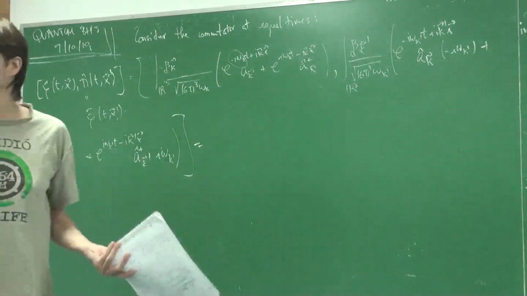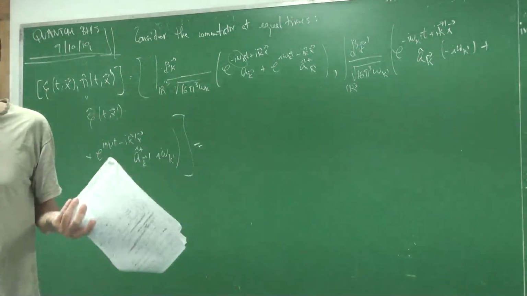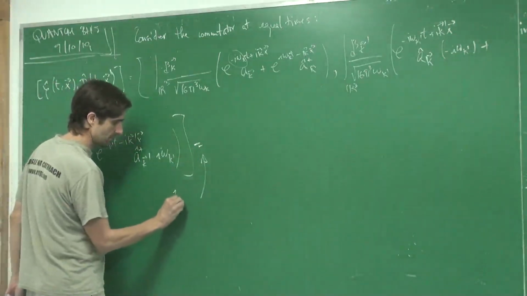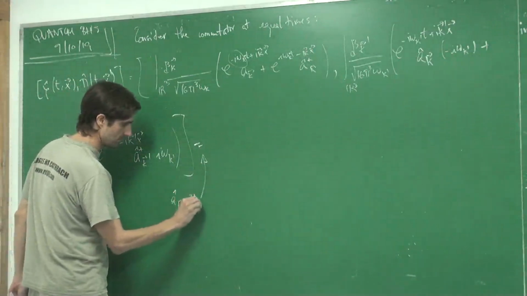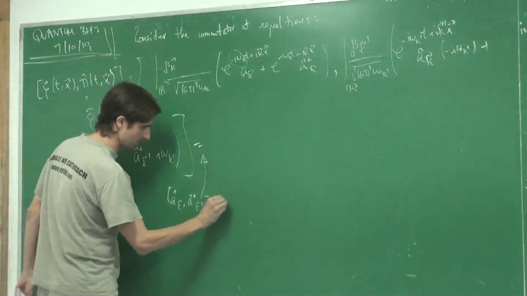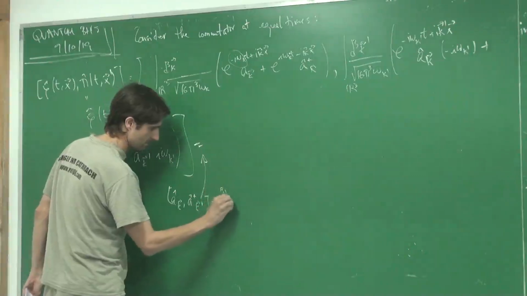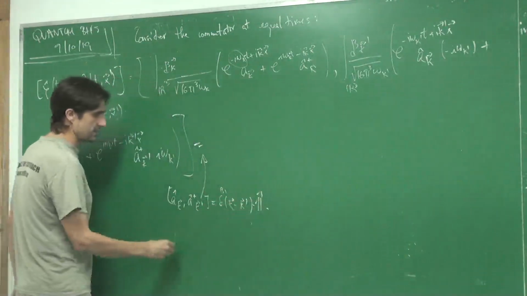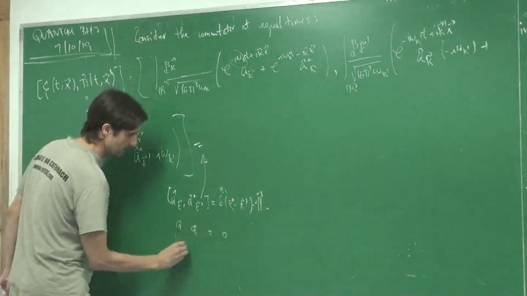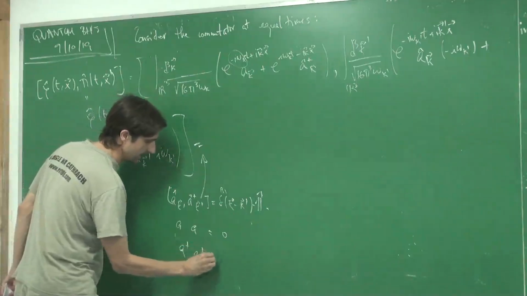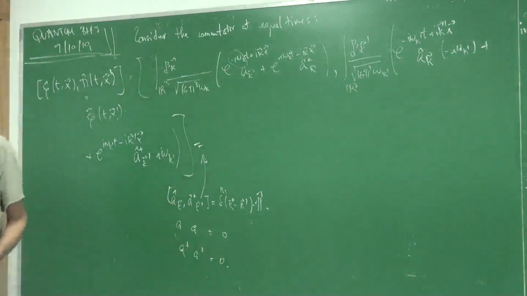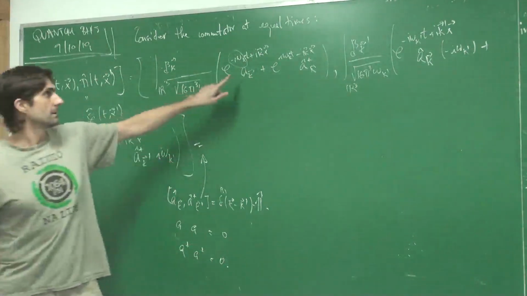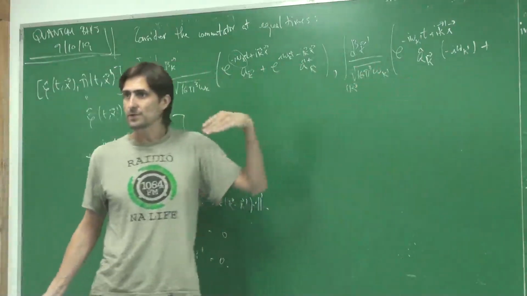Now you use the commutation relations for the A's, and 0 for AA and A dagger A dagger. So the commutator between A and A will be 0.